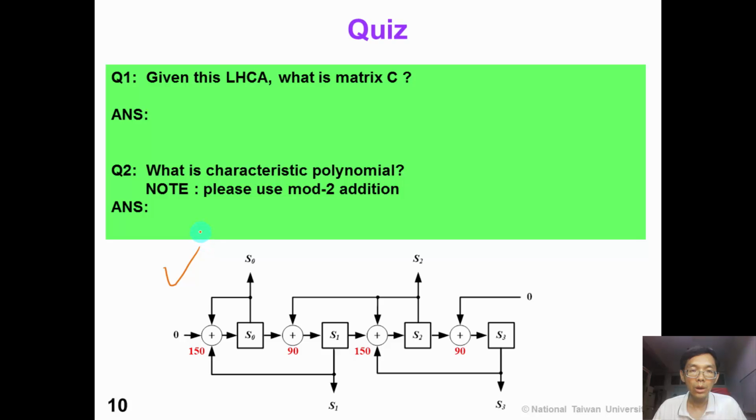Question 2. What is the characteristic polynomial of this cellular automata? Please remember, you need to use modulo 2 addition in this calculation. This problem is more difficult. So now please pause your video and work on this one.